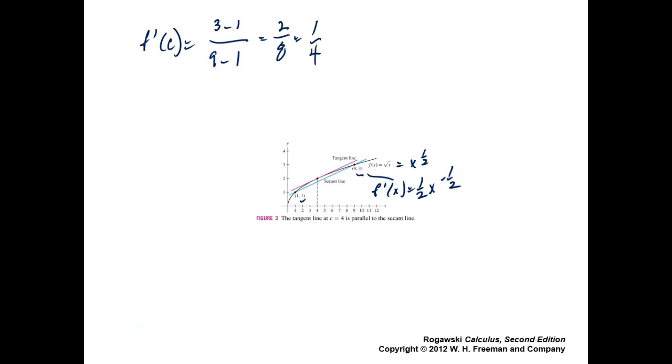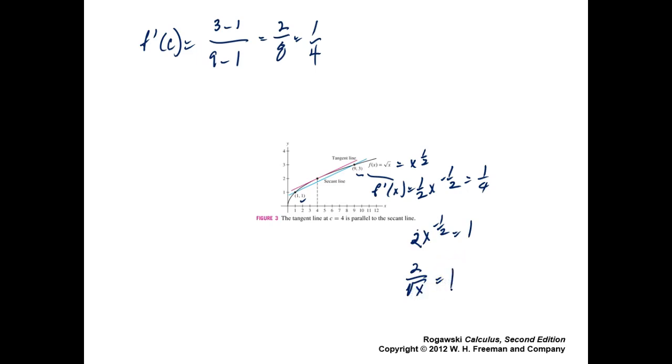Now we need to find a place where that has a value of 1/4. So set this equal to 1/4. I think we can multiply both sides of this equation by 4. That would give us 2x to the minus 1/2 is equal to 1. In this case, I think I will write this back in radical notation. This will be 2 over the square root of x is equal to 1.